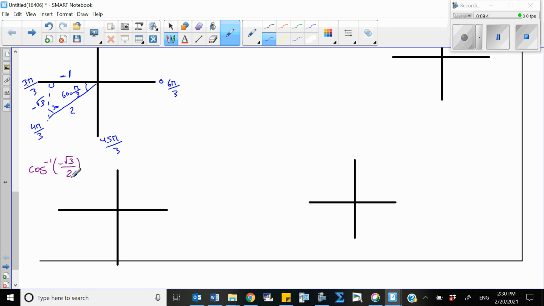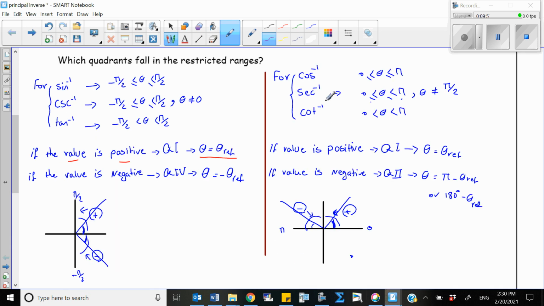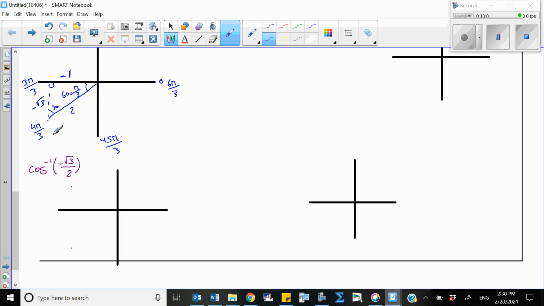Okay, so I'm going to say cosine is negative, so the angle should be either on this quadrant or this one. What was the restriction for cosine? Let's go back here. For cosine, restriction is from 0 to pi. So I cannot take this one, not in the restricted range.